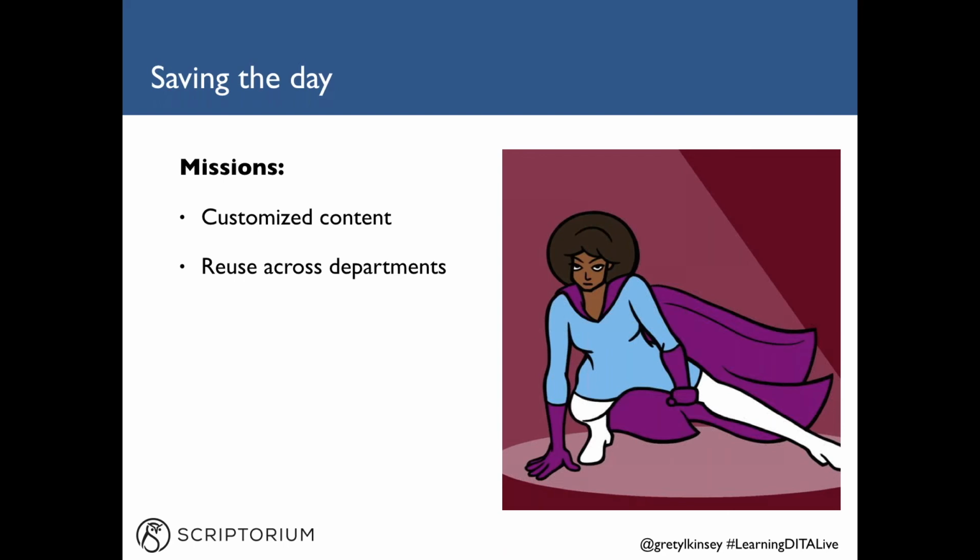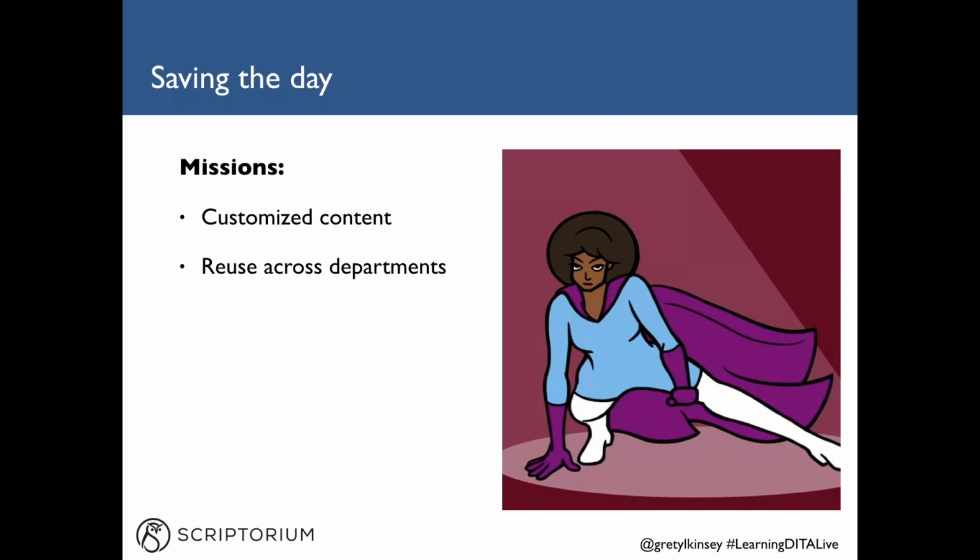For example, if you make software, you would want to deliver the base documentation for that software to all of your customers, but then if there are certain features or add-ons that the customer can buy on top of that software, you would want to augment that main documentation set with some additional documentation about those features. So that's a case where conref push could really help you. Maybe in your documents, you've got steps about setting up your software, and you want to push one in that says, if you've bought this feature, then do this.